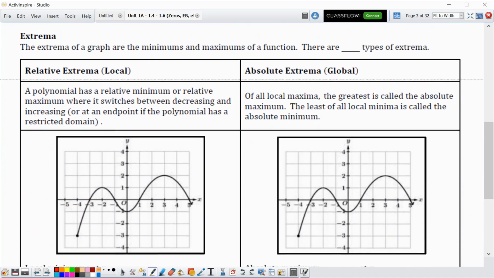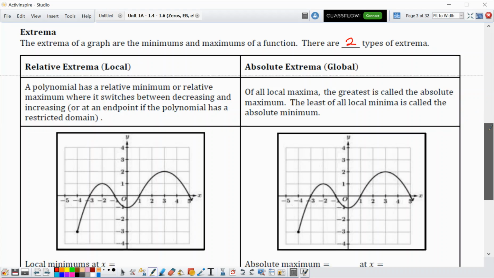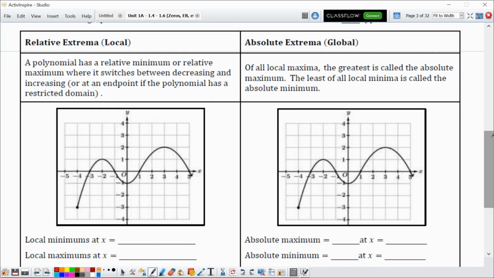Now let's talk about the extrema. The extrema of a graph are the maximum or minimum of the function, and there are two types of extrema. You are supposed to find the x value as well as the y value. First of all, let's talk about relative, which is the same as local, but relative is a more common word than local.